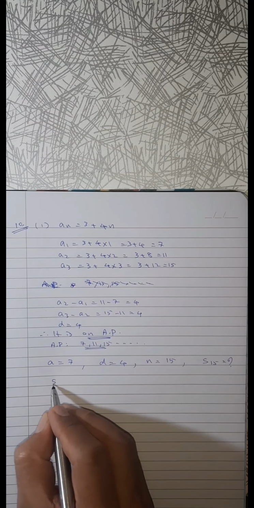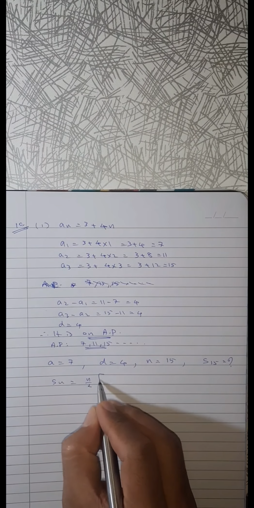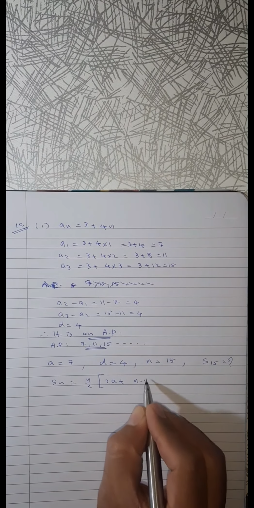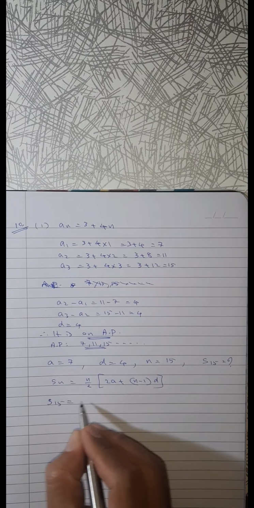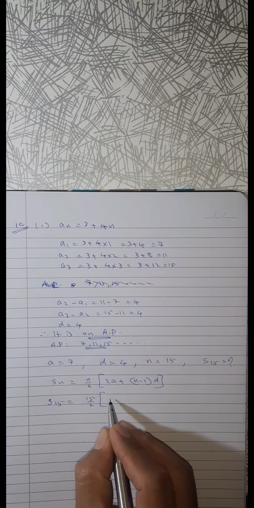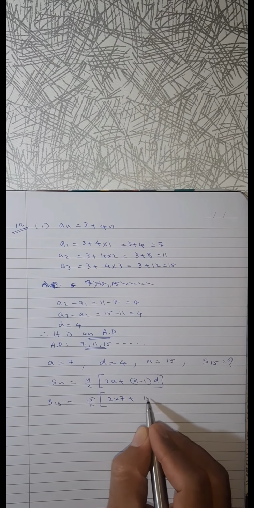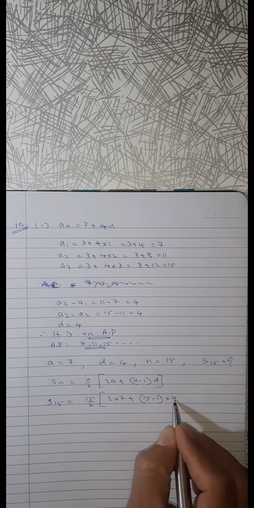Yes, S15. Sn is equal to the formula n by 2 into 2a plus n minus 1 into d. That is S15 equals 15 by 2 into 2 into 7 plus 15 minus 1 into d. d is 4.